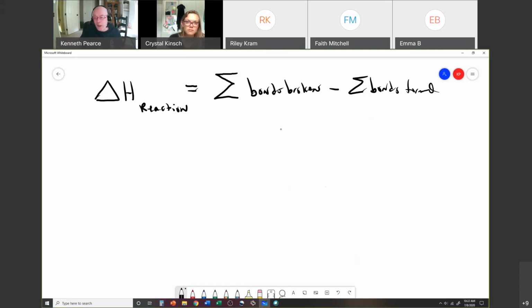So let's look at a reaction. Now, to do this, you have to be able to sketch out the molecules themselves. All right. And so what I want to do, let's just do one just for the hell of it. Okay, look, here's a reaction. I'm just going to put one down randomly. Let's figure out what delta H reaction is for this. And so I'm going to say, let's do the combustion of methane, which is what happens in a Bunsen burner.